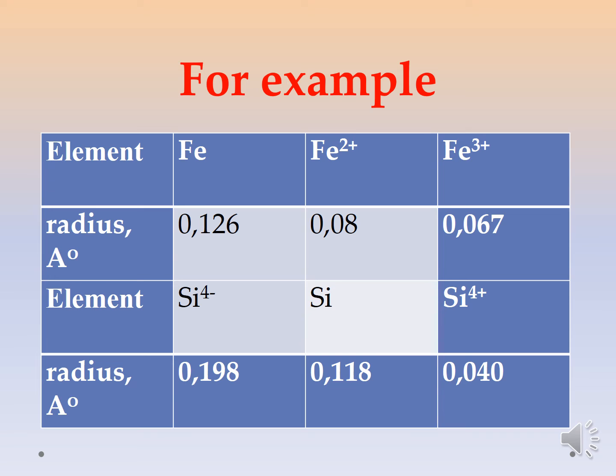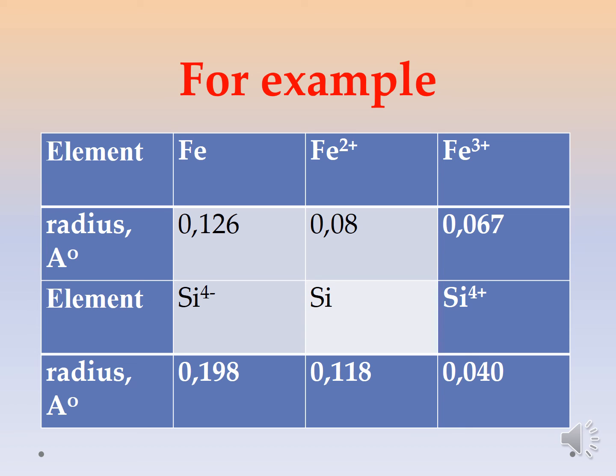For example, for ferrum, the atom radius is 0.126. If the ion is ferrum 2 plus, the radius is less than the atom radius, only 0.08, and if the ion charge increases to 3 plus, the ion radius, on the contrary, decreases to only 0.067.